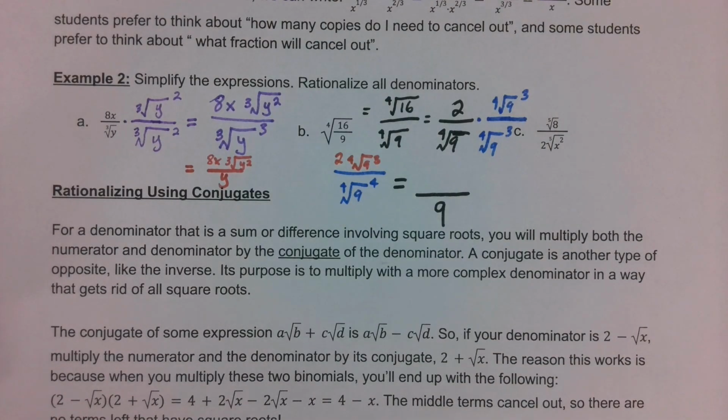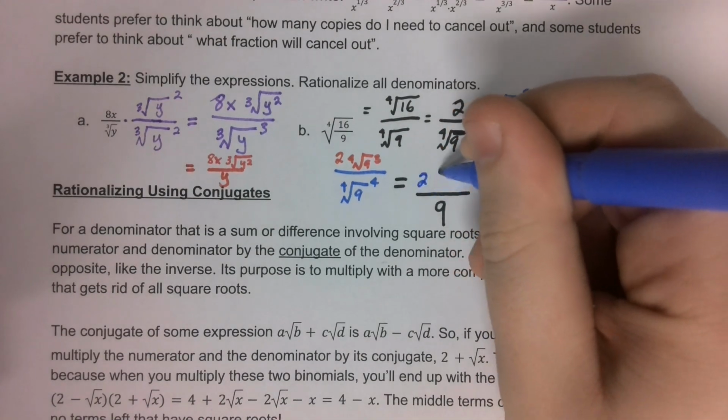But this time, there is more simplification we can do, because 9 to the 3rd power is actually just a number. What is 9 times 9 times 9? That's going to be 729.